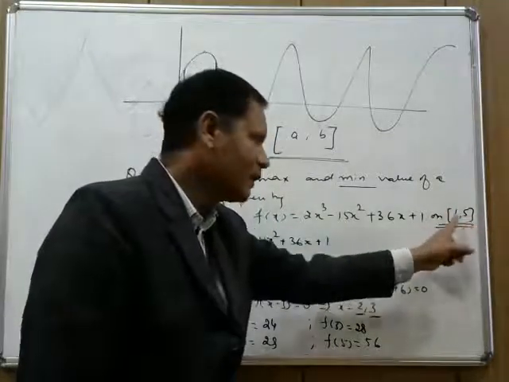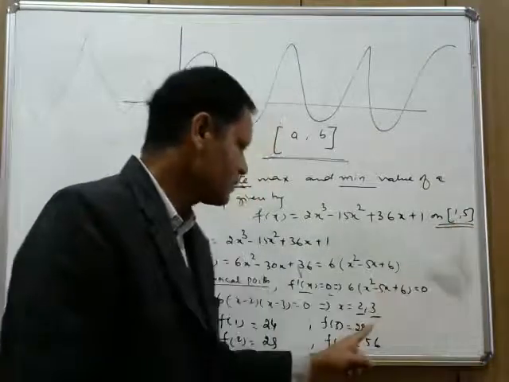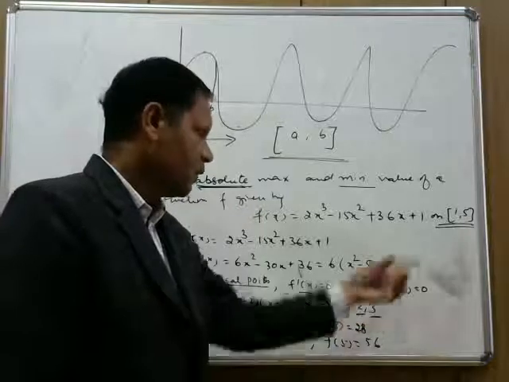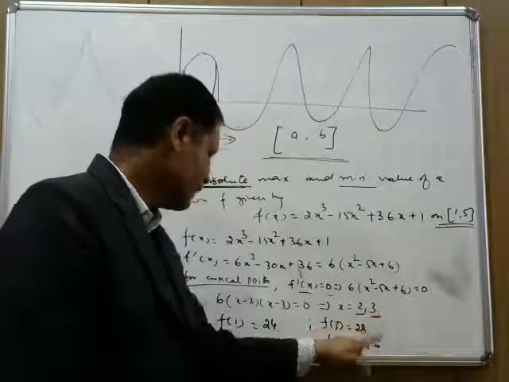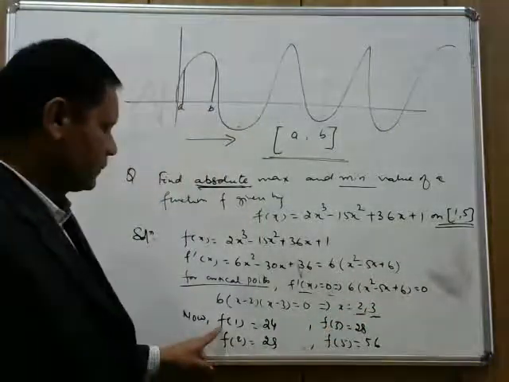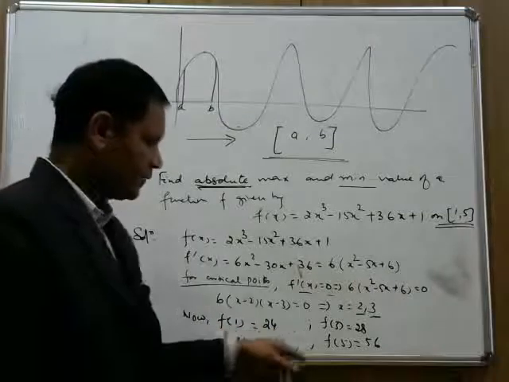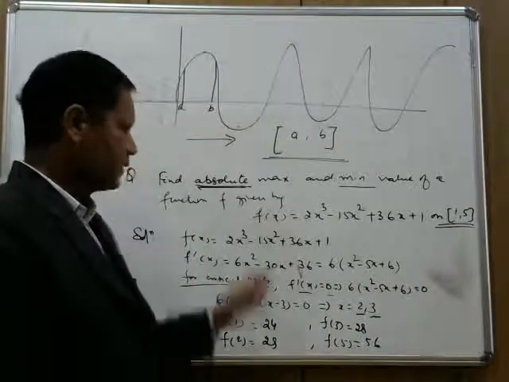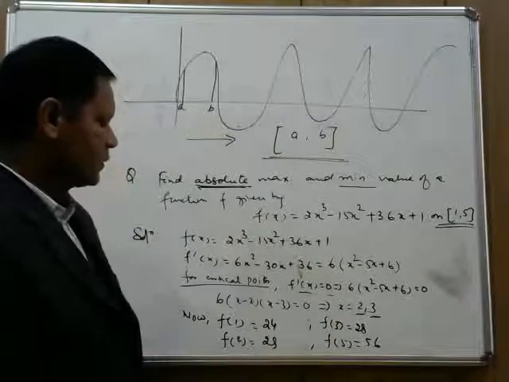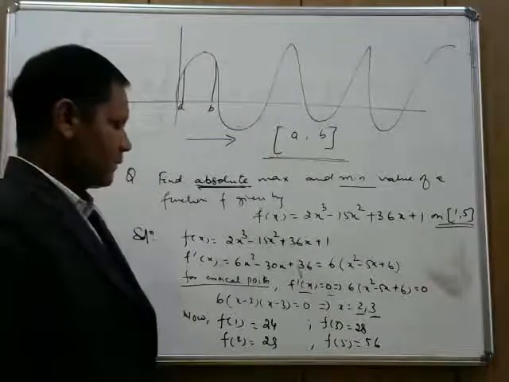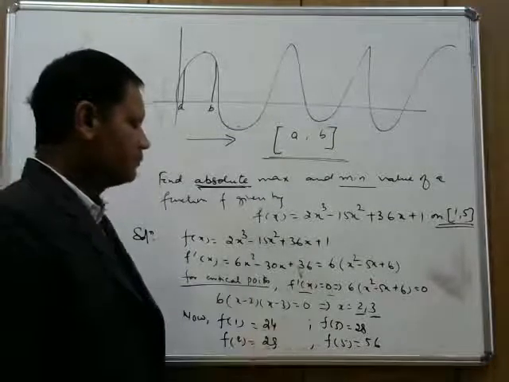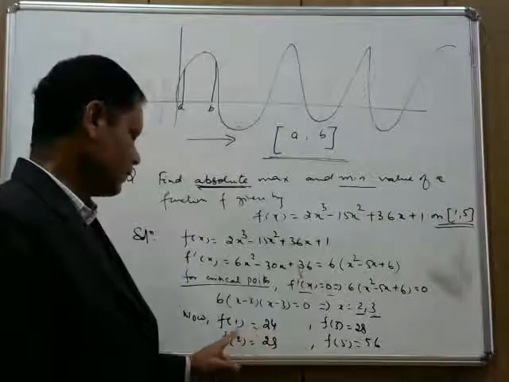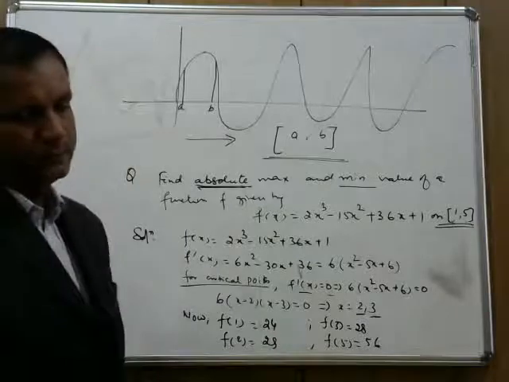We can take all these points, whether I am getting 1 point or 2 points or 3 points here, and at all these points we find the value of f, isn't it? And check in which part we are getting the maximum value or minimum value. That's why the final answer of this question is, the given function attains the maximum value 56 at 5 and minimum value 24 at x equal to 1.